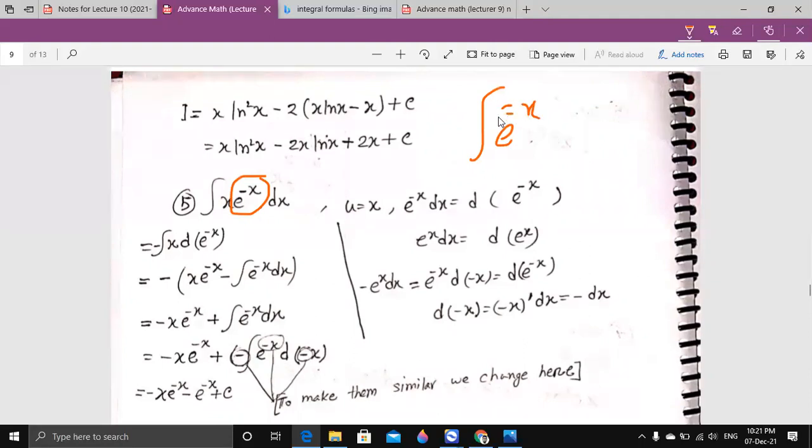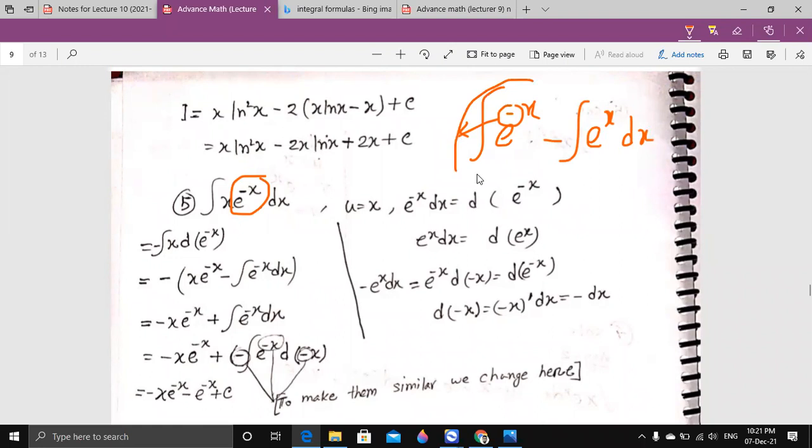So you can just take this power down. It will be minus integration of e to the power x. Sorry, I have to write down also dx here.